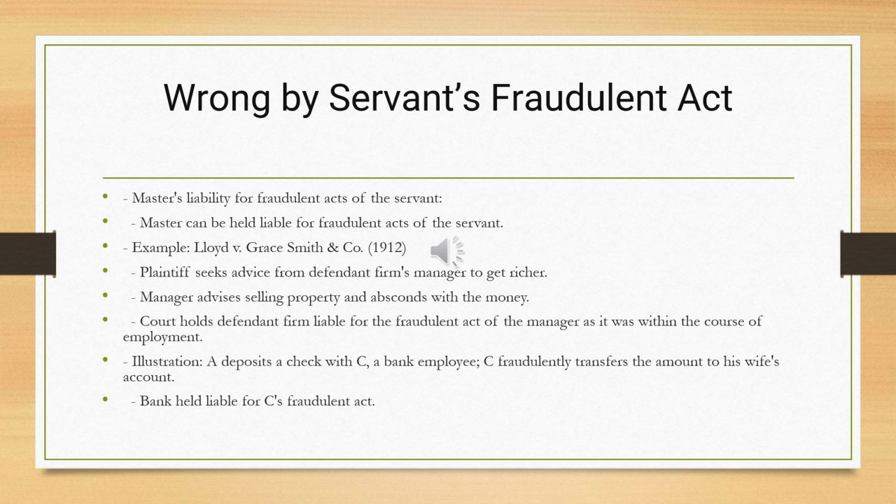The manager told her to sell her cottage and to call up the amount of the mortgage. She authorized the manager to sell the property and to collect her money, but he absconded with the money. Thus, she sued the defendant company. It was held that the defendant was liable for the fraudulent act of the manager because even a fraudulent act is not authorized. The manager was authorized to take her signature, and thus it was within the course of employment.